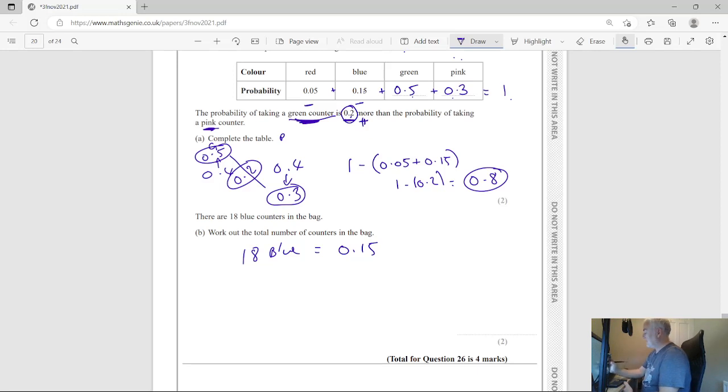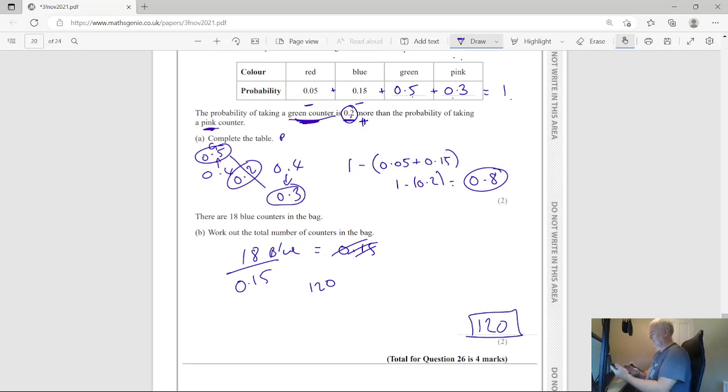So if I divide this by 0.15, I can find out what 0.01 is. So 18 divided by 0.15 gives me 120. Times that by one whole one, there are 120 counters.